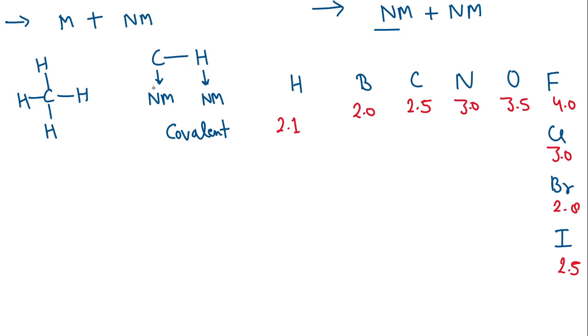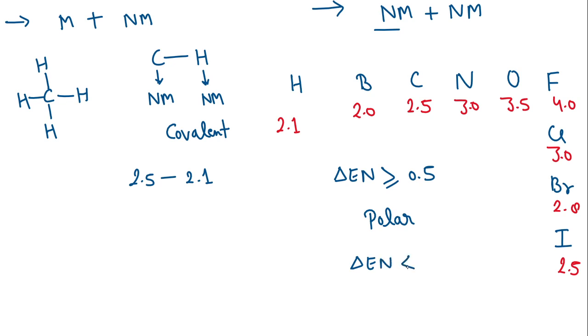So here En value for carbon is 2.5 and hydrogen 2.1. As I told you in the last video, if En difference is greater than 0.5, the bond is said to be polar, and if En difference is less than or equal to 0.4, the bond is said to be non-polar.